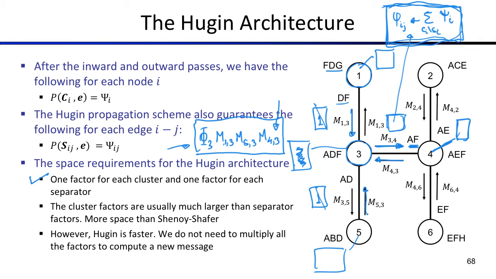The only thing that we need to do is one factor division to discount the message that we got from the node that we are sending the message to now. So we're going to save time, but we're going to spend more memory in order to store the factors in the clusters. So that is the general idea.